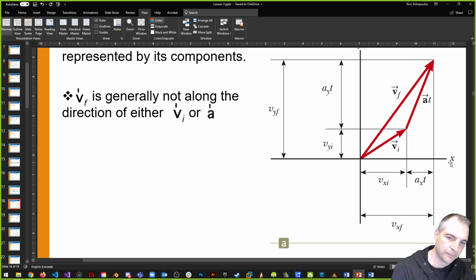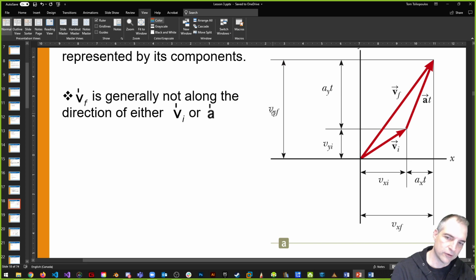And notice how they break it down in terms of vyi, so velocity initial on the y-axis, that's this. Velocity initial on the x-axis, that's this component. Acceleration on the y-axis, right? And acceleration on the x-axis. And you can see that you get a final position, a final vector.